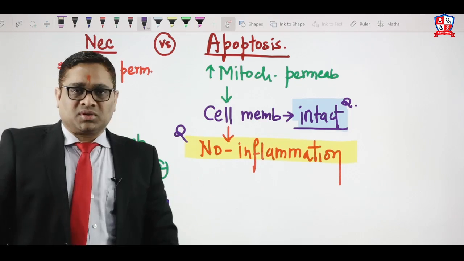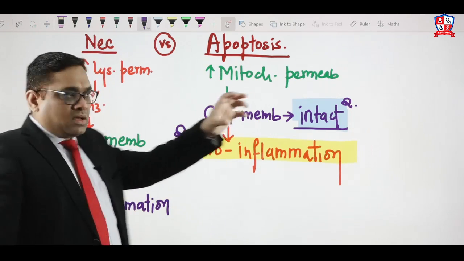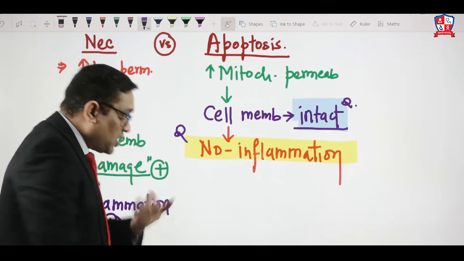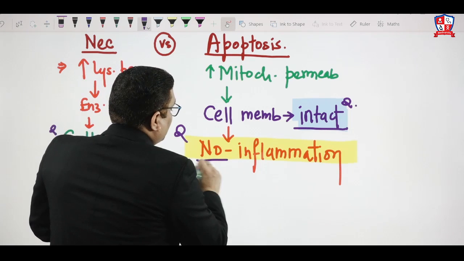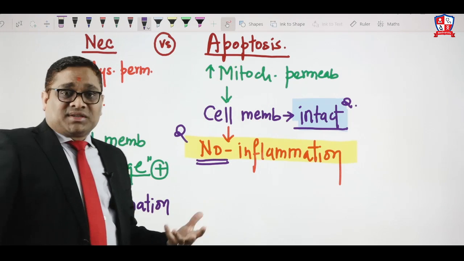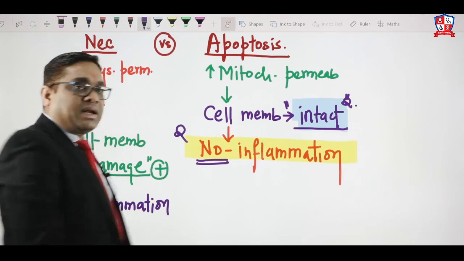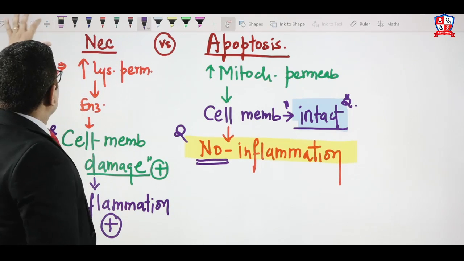This was another question asked recently in AIIMS and All India. In AIIMS, the statement was 'in apoptosis, inflammation is seen,' and that was a false statement, because in apoptosis there will be no inflammation. Why is there no inflammation? Because the membrane is intact.